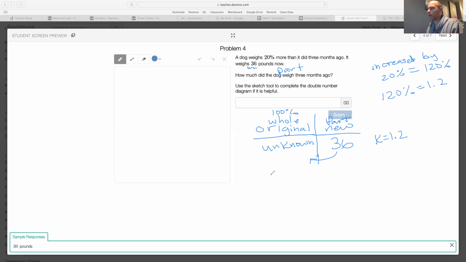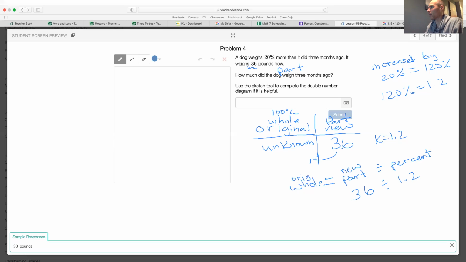If you're thinking of it the way I do it in my class, then what we've got here is a situation where we're trying to find the whole, or the original. And that equals the part, or the new, divided by the percent. Whole and original are like the same thing, and part and new are the same thing. Whichever way you like to think about it, we need to do 36 divided by 1.2 to get that dog's original weight.